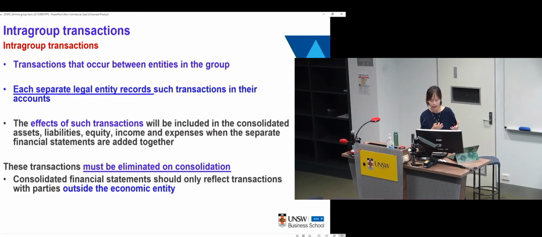If you don't provide any elimination entries, that will happen. And this is actually against the purpose of the consolidated financial statement, which is to show the transactions dealing with parties outside of the group. Okay? Now we understand what an intragroup transaction is, and why the preparation of the elimination entries is required on the worksheet.